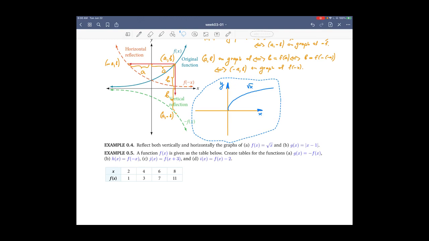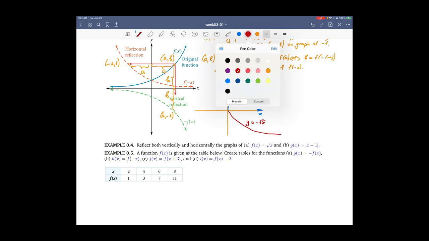Now, what happens when we reflect this graph vertically? Naturally, we get the graph of negative root x. How about a horizontal reflection? Reflecting horizontally, we will get the graph of square root of negative x.